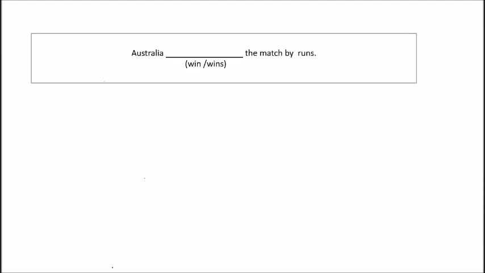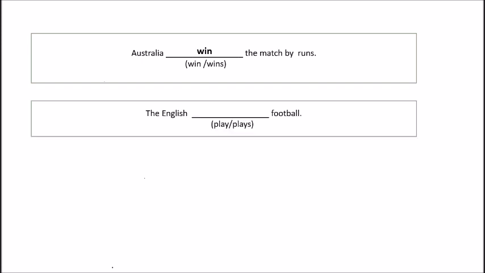Australia dash the match by 5 runs. Australia here represents the players of Australia, or the team representing Australia. So Australia plural, win plural. Australia won the match by 5 runs.